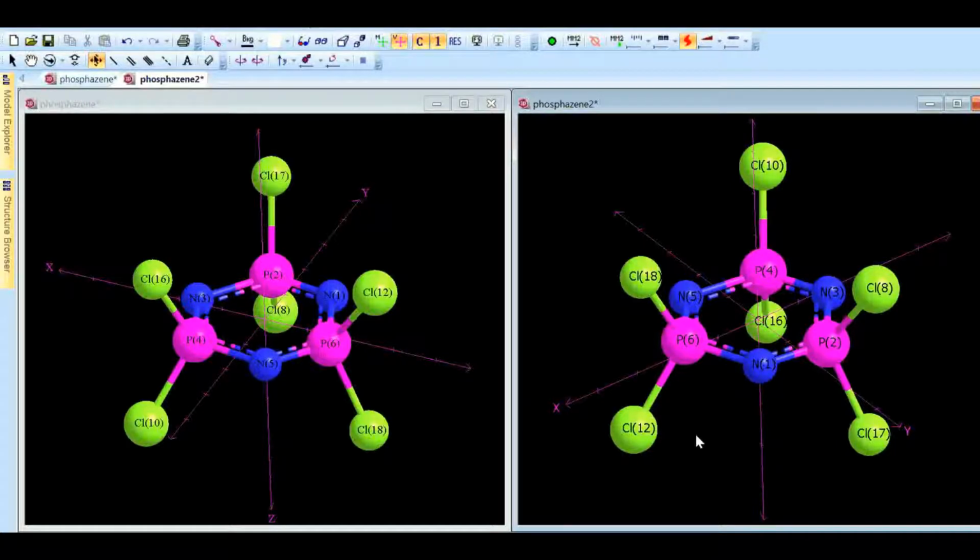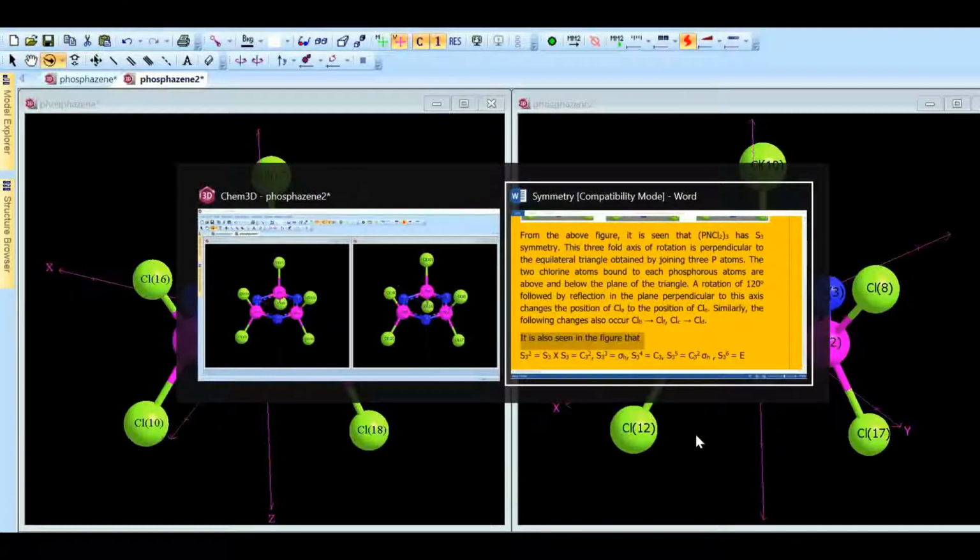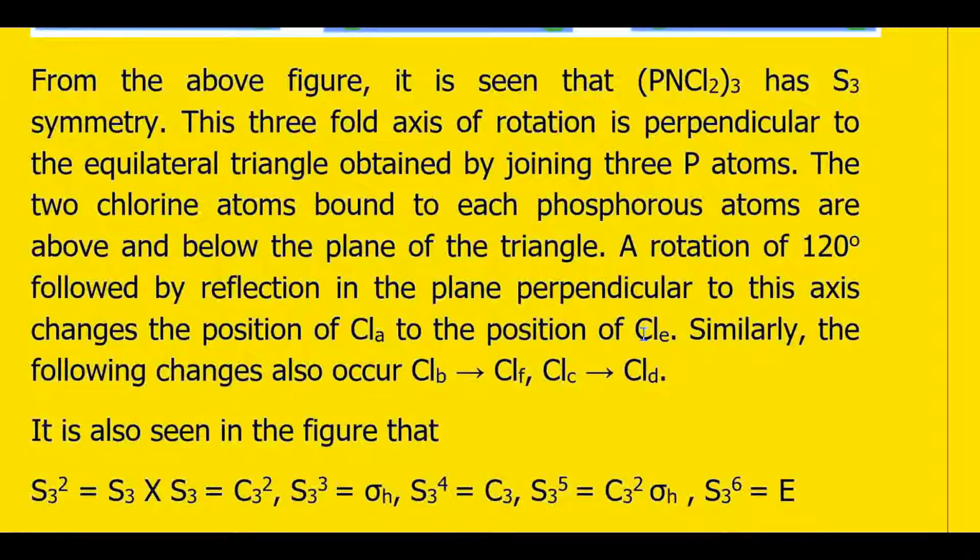Now we had some mathematical relation. Let us check it. I will show it here. See, it is said that S3 square is equal to S3 into S3.